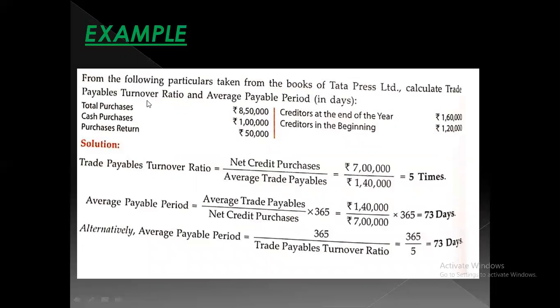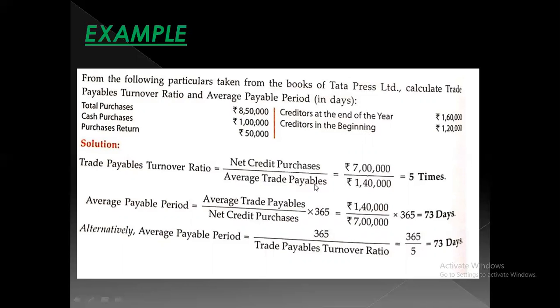Now, in this numerical, you will see total purchase is given 8,50,000, cash purchase 1 lakh, purchase return 50,000, closing creditors 1,60,000 and the opening creditors are 1,20,000. First, we'll calculate average trade payable.